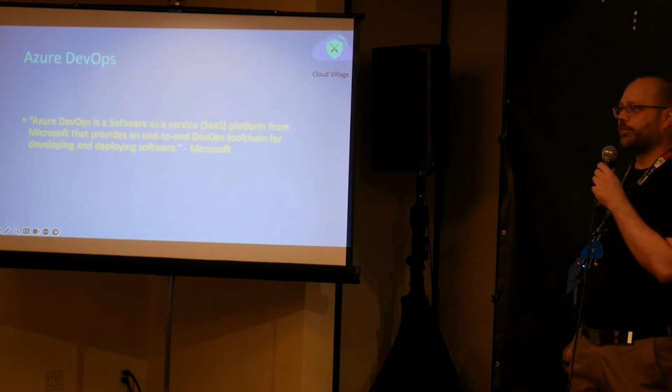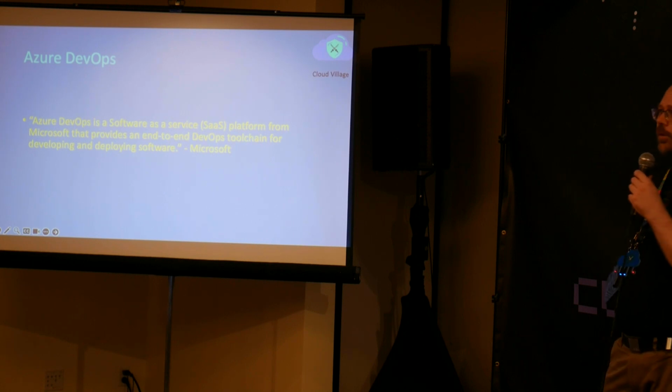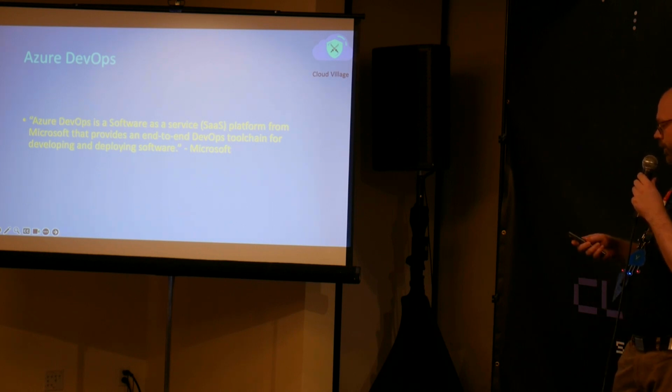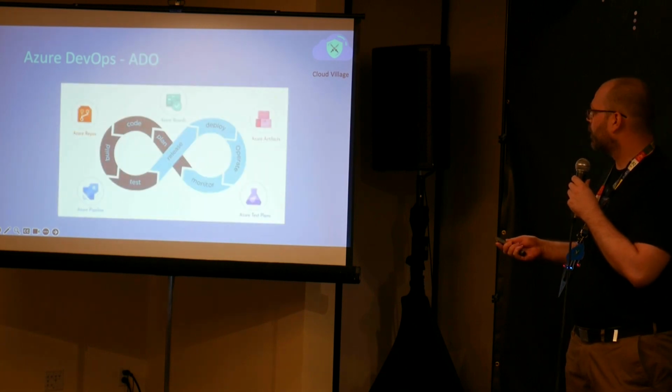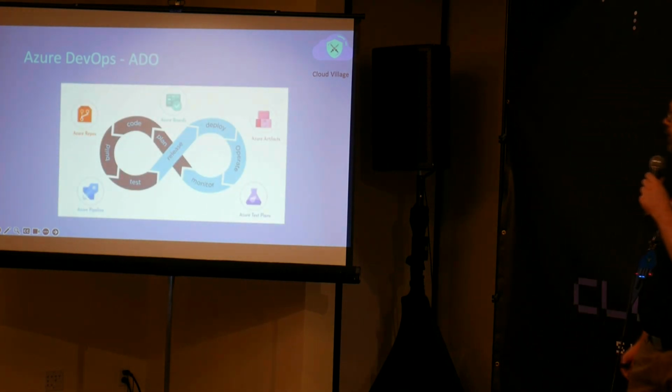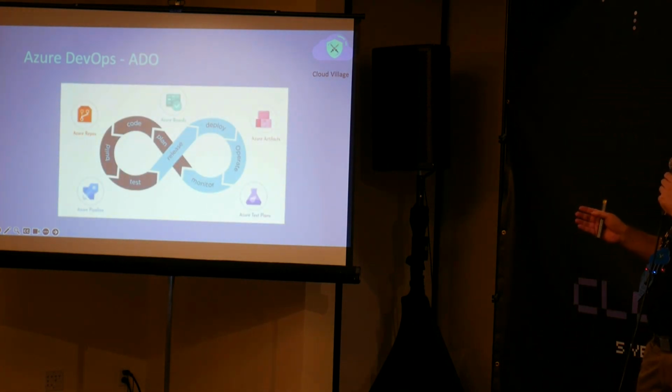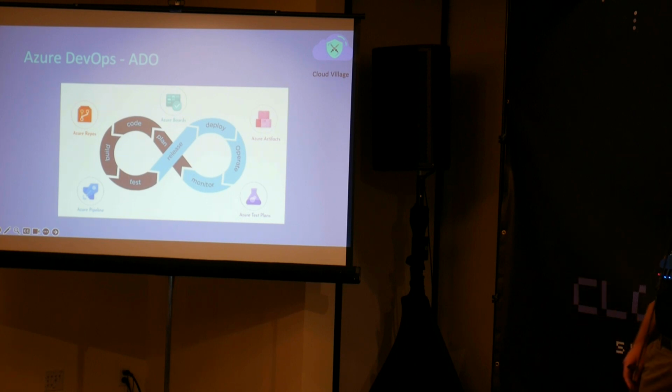So Azure DevOps is a SaaS solution from Microsoft that helps deploy and build software, and you basically know it. So this is the usual DevOps symbol. You have the Azure Repos for storing the source code. You have Azure Pipelines for the pipeline and the tasks.